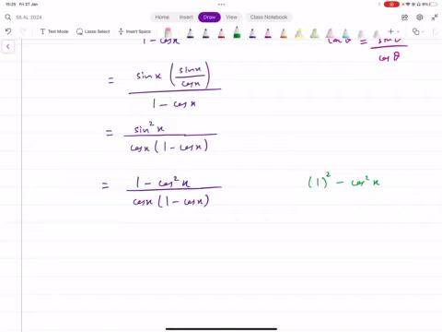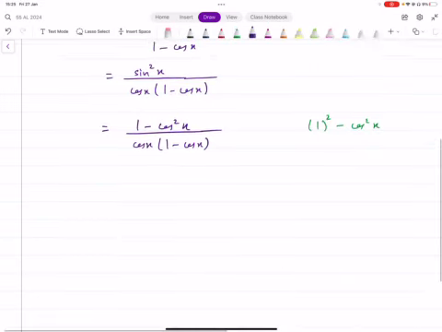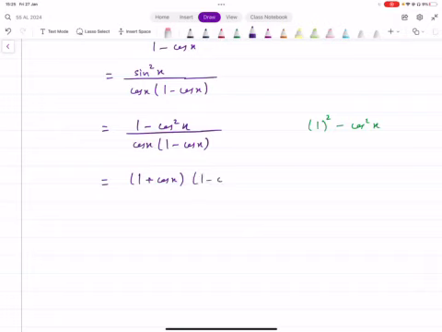That's a square minus b square. Right? What does a square minus b square become? A plus b into a minus b. So 1 minus cos square x could be written as 1 plus cos x into 1 minus cos x, divided by cos x into 1 minus cos of x.